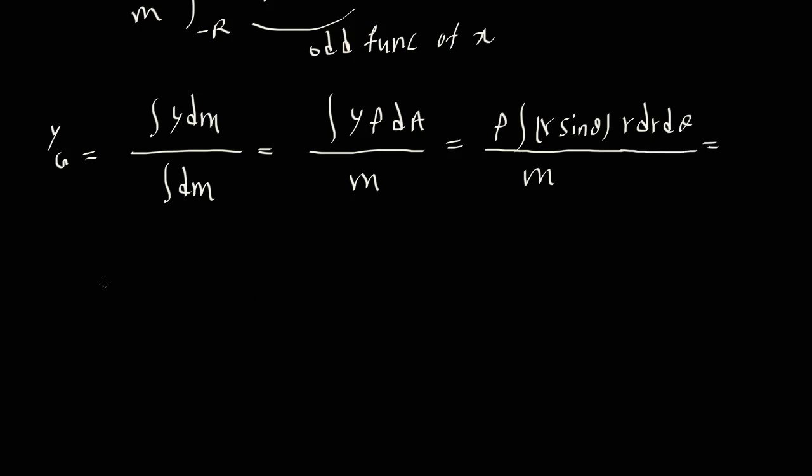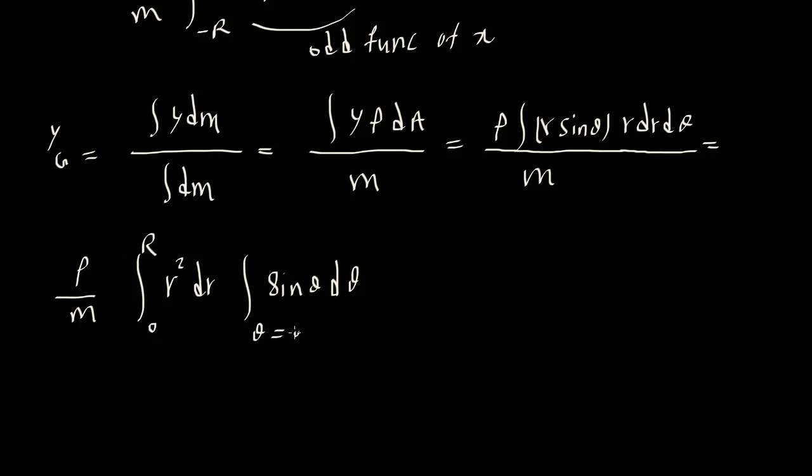So we have rho over m, and now we can separate the integrals: r squared dr and sine theta d theta, with r from 0 to r, and theta from 0 to pi.